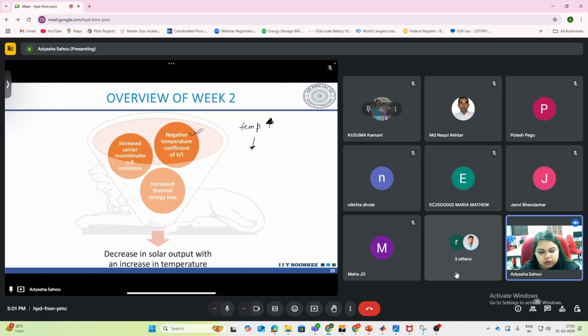But whenever the temperature increases, these electrons and holes will recombine. Recombine means you have a lesser number of free electrons to circulate the current, and that's why with the increase in temperature, the solar output will decrease, and also there will be increased thermal loss with the increase in temperature. So all these factors contribute to the decrease in solar output with increase in temperature.